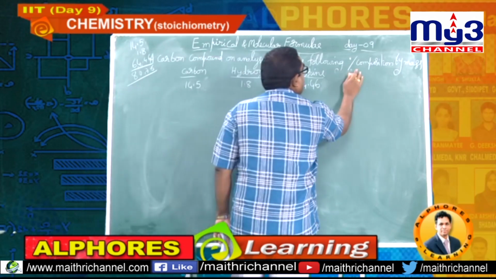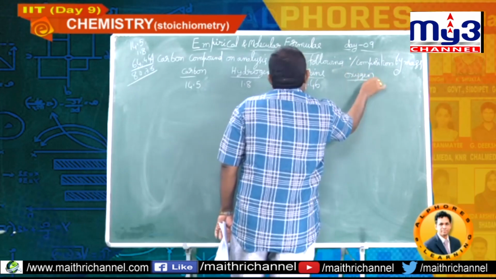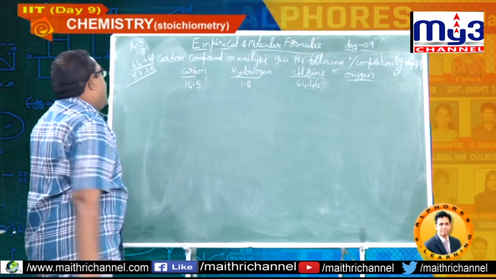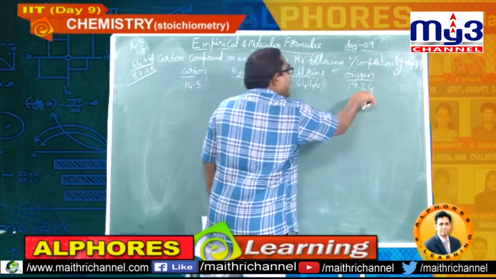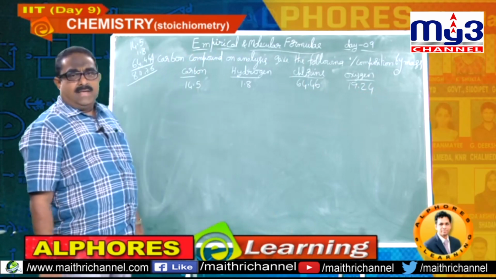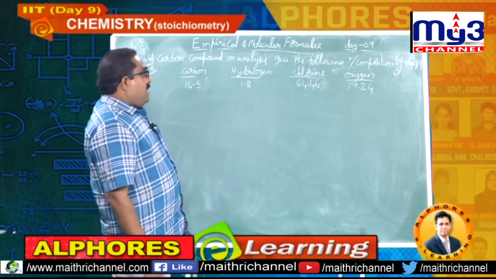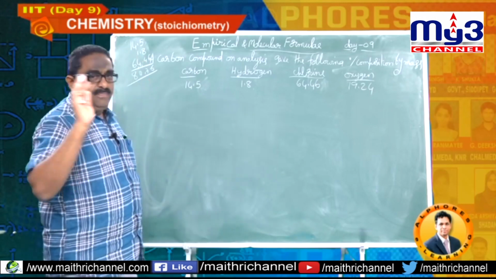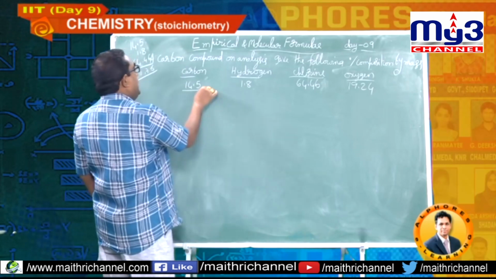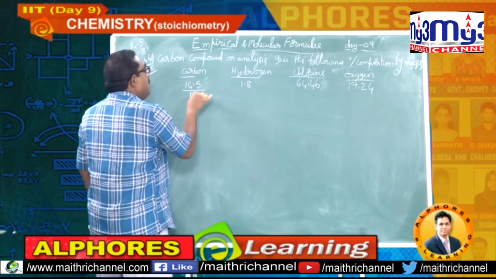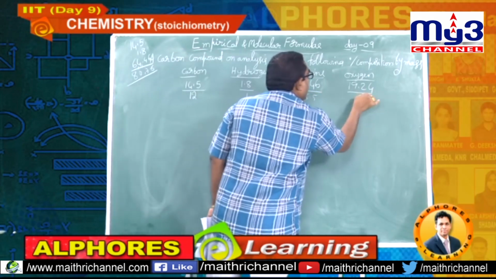Now, I am writing here, students, oxygen. How you get? 100 minus 80.76. That is simply, you can write it as 19.24 by subtracting this from 100. Now, procedure is again same. In the first step, we have to divide with the percentage compositions with the respect to atomic masses. 35.5, oxygen 16.